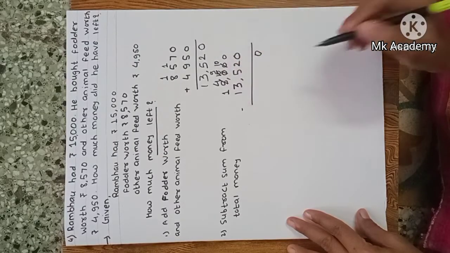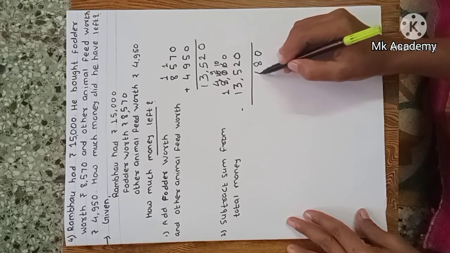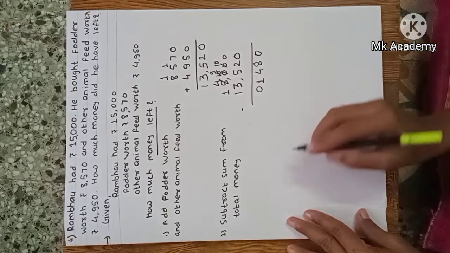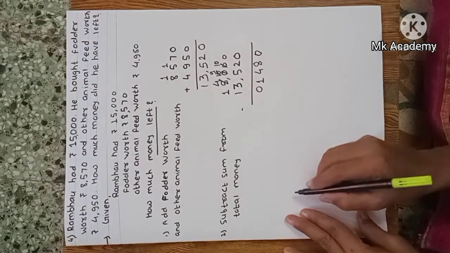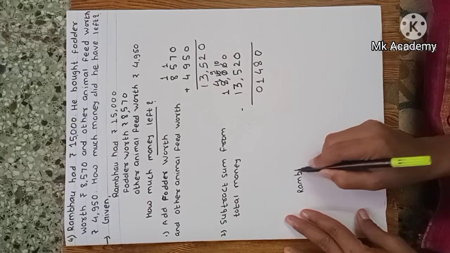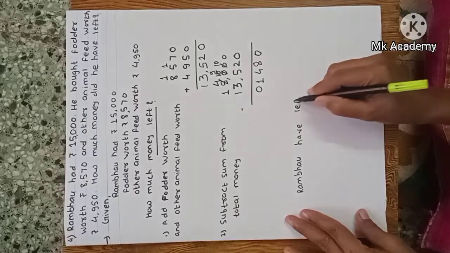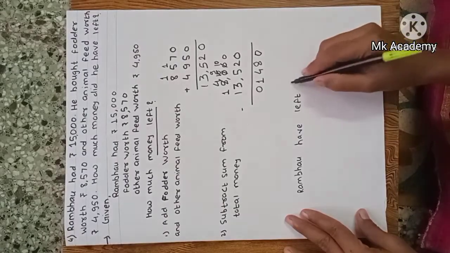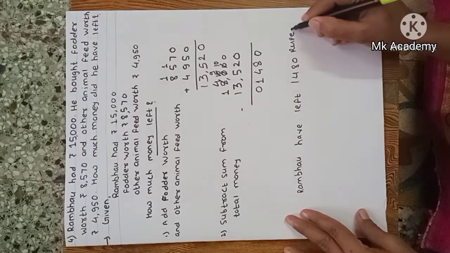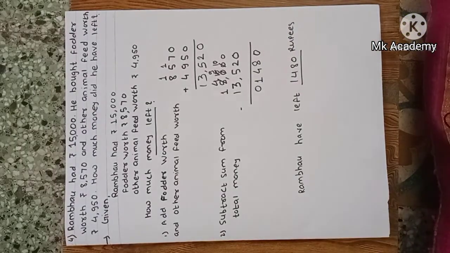Now 10 minus 2, 8. 9 minus 5, 4. 4 minus 3, 1. 1 minus 1, 0. This means Rambhav has 1,480 rupees left. Now see the next example.